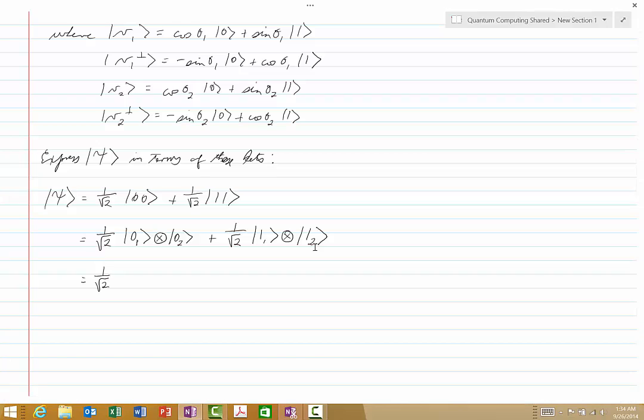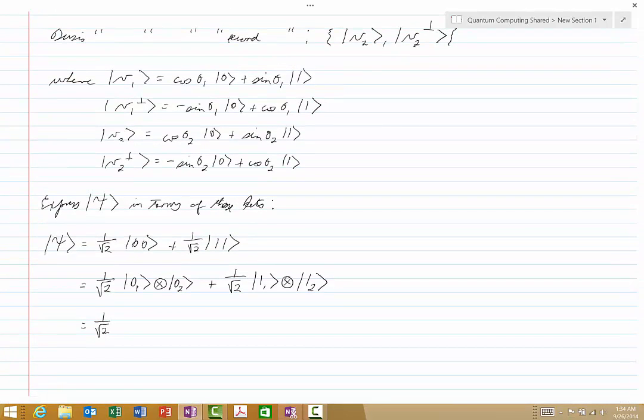Now, how is this done? Well, it's actually fairly straightforward. If we look at these expressions here for V1, V1 orthogonal, V2, and V2 orthogonal, we will notice the following.